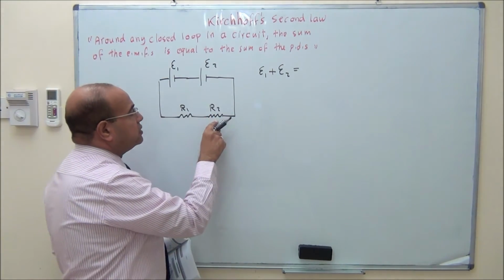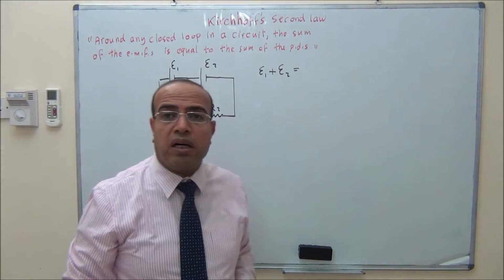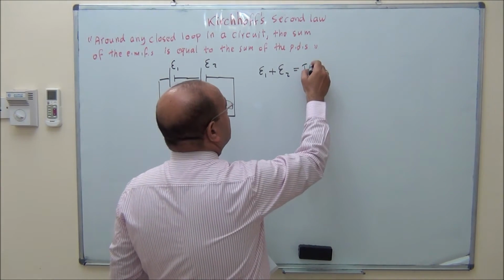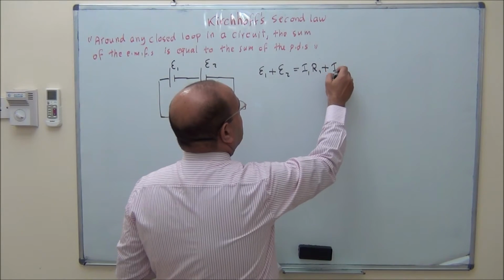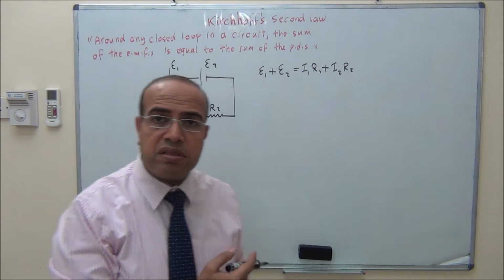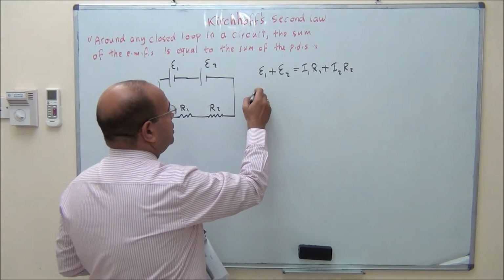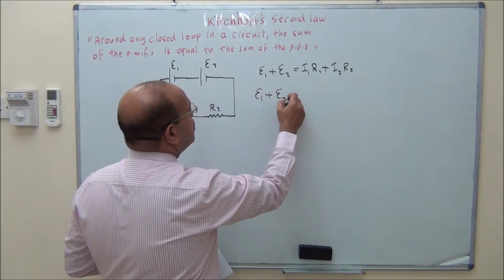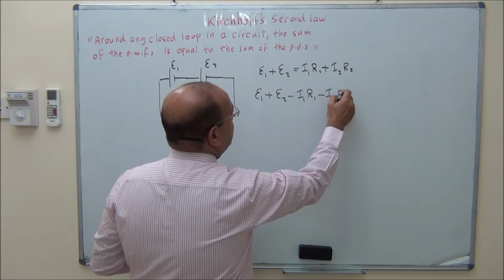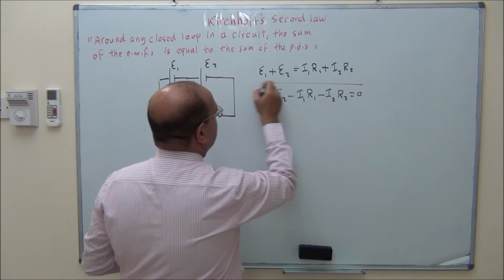Potential difference around R2 is IR2. So it equals I1 R1 plus I2 R2. We can rewrite this in another form: E1 plus E2 minus I1 R1 minus I2 R2 equals 0.